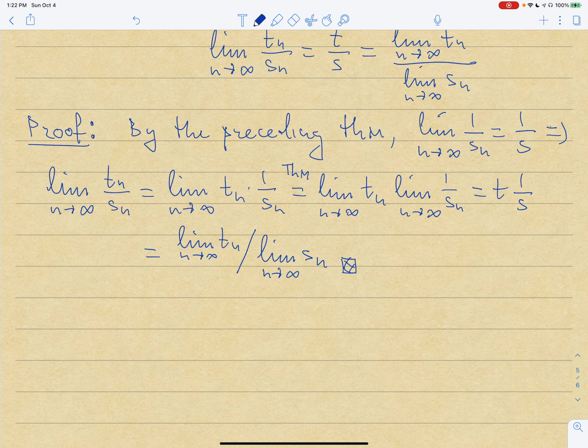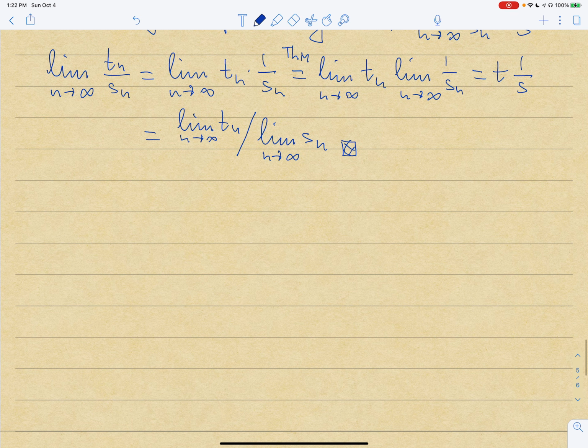So, next theorem. We're going to talk about some basic limits.